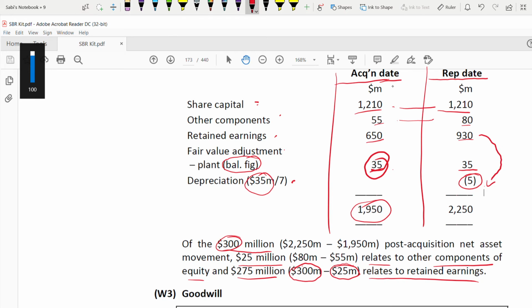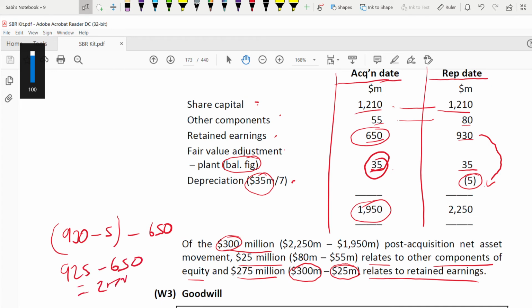It will be 930 minus 5 minus 650 at the date of acquisition, so this is 925 minus 650, and the same 275 you will get, because the change in net assets came from two things: one is other components, one is retained earnings difference. Only these two areas have a difference. You have to get the same amount. Otherwise, how will you get the difference of 300 million, right?